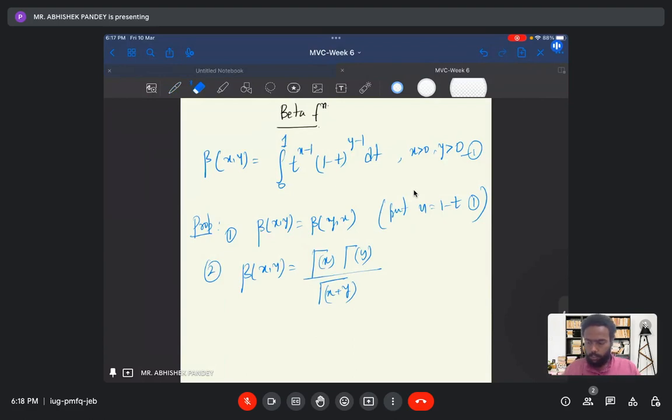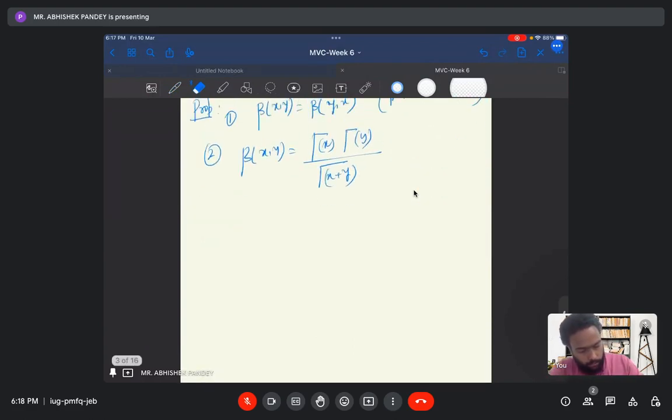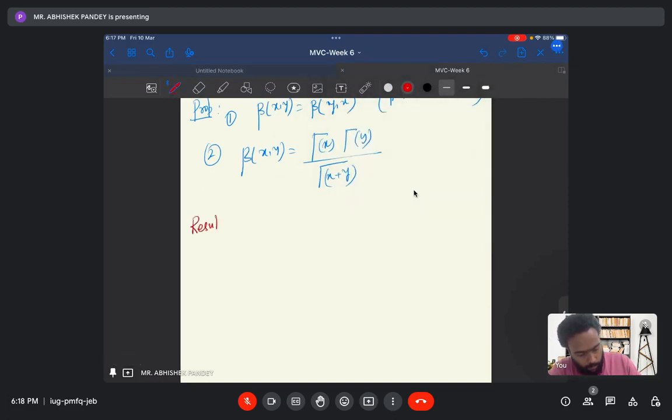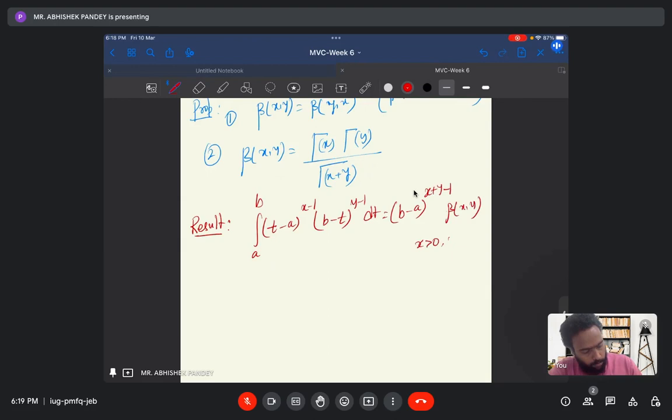The important result I am going to mention, which we will use, is this: the integral from a to b of t minus a to the power x minus 1 into b minus t to the power y minus 1 dt equals b minus a to the power x plus y minus 1 times beta of x comma y, where x is positive and y is positive.